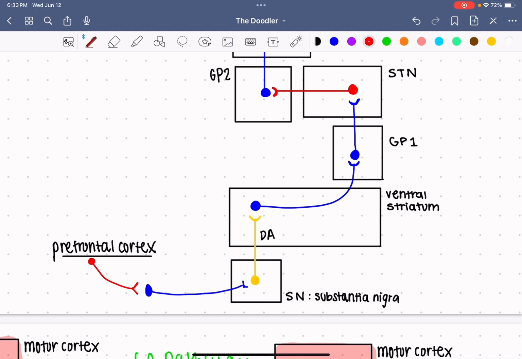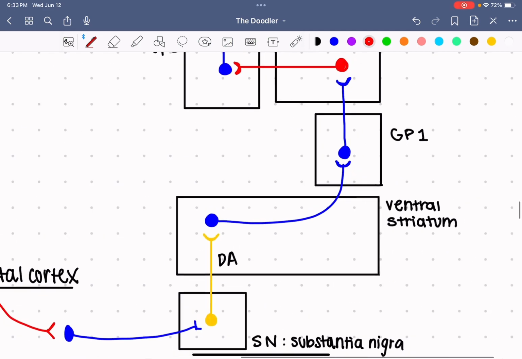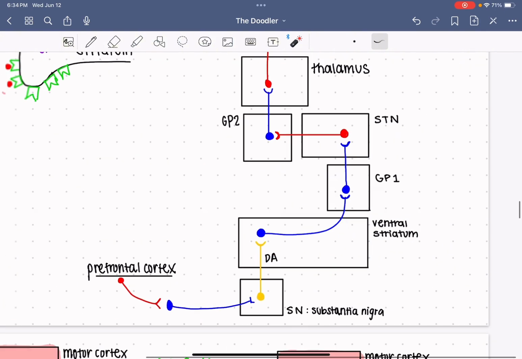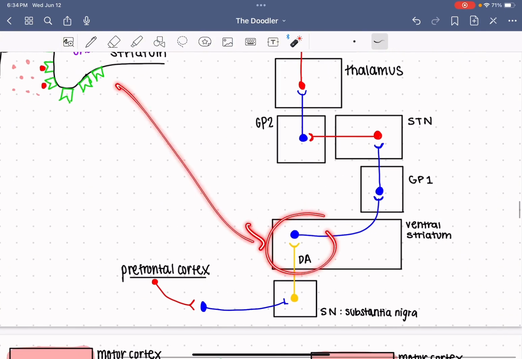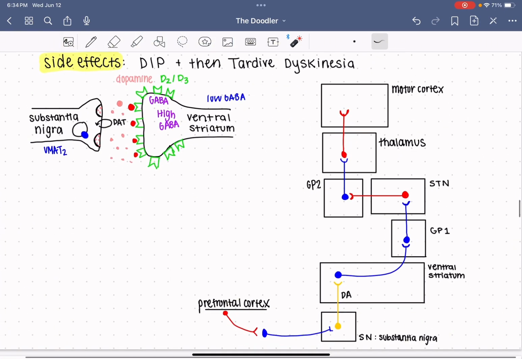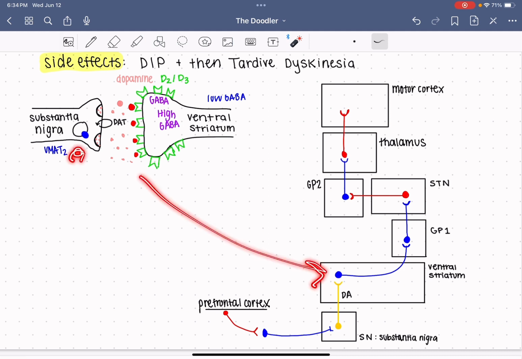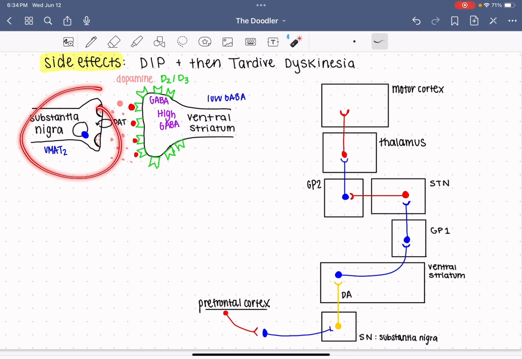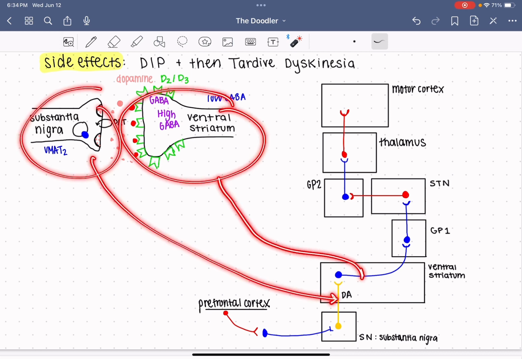So dopamine is released onto this right here, this GABA. Now let's look at these side by side. These are the same. So this substantia nigra is this substantia nigra, and this presynaptic dopamine is this one here, and then this postsynaptic GABA is this one here.